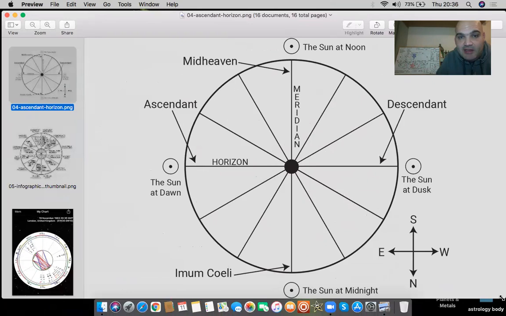So yeah, this is how the birth chart works. So like I said, sun at dawn, sun at noon, sun at dusk, sun at midnight. The way the houses go is 1, 2, 3, 4, 5, 6, 7, 8, 9, 10, 11, 12, but the wheel is turning this way and the signs are rising from the east and setting in the west.